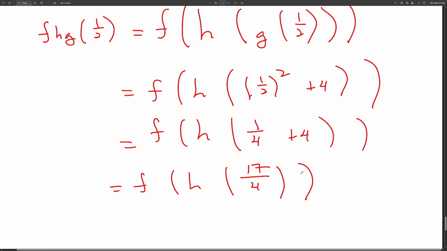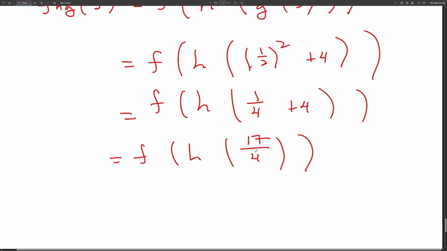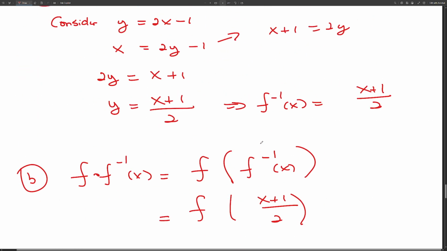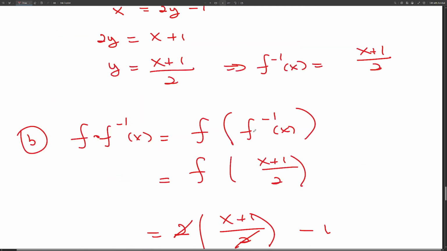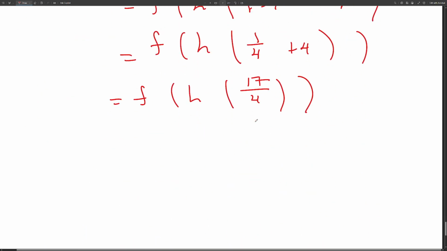Now I have to find h of this. Let's go back up and find h now. h is x minus 3. I'm going to come back down and put f of h, x minus 3. So x is now 17 upon 4 minus 3.